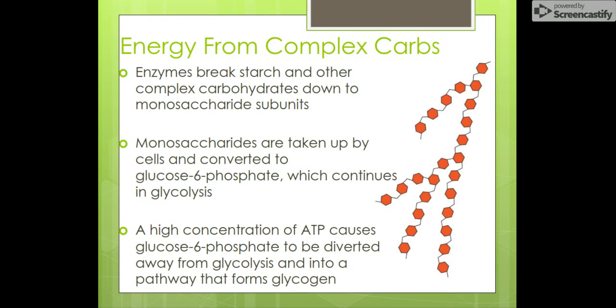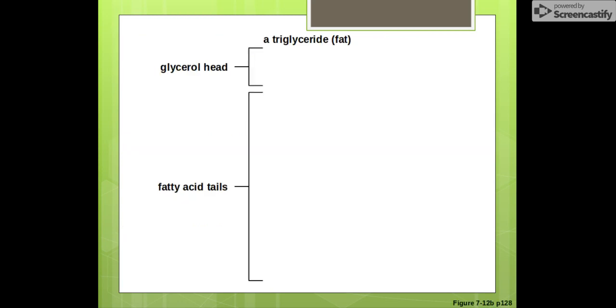So we're going to put all of these glucoses together, form glycogen, and that's kind of an energy storage for us, so that when that ATP starts running low, we'll take that glycogen back, break it down into glucose, put it through these processes to make more ATP.